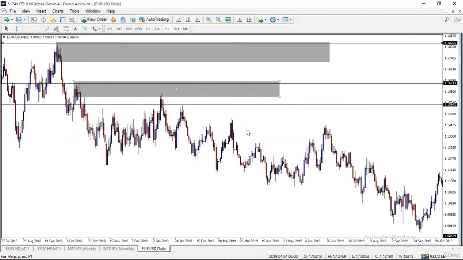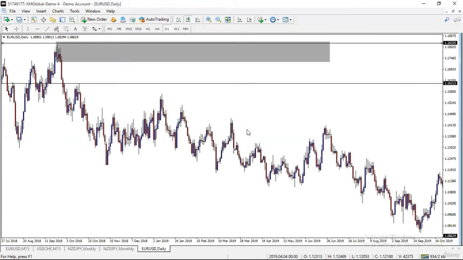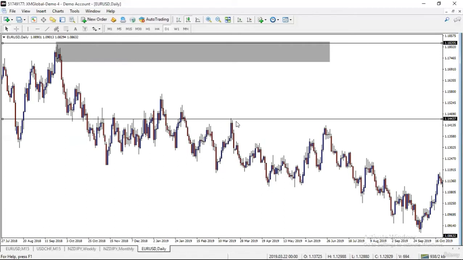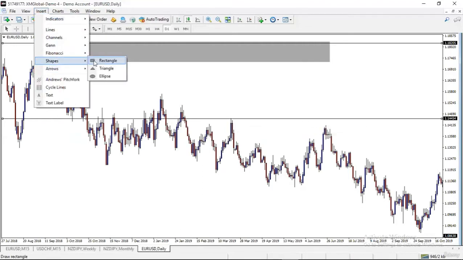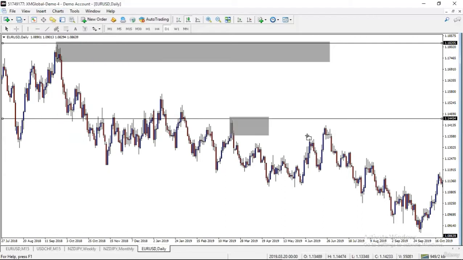Something like this. If you mark this one and put a resistance here, you can see price did not reach that price, but if you put it like this, you get your reaction.